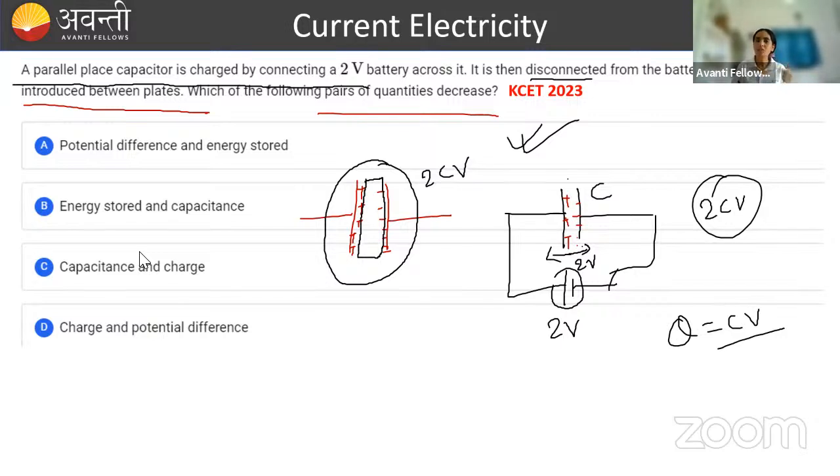See, charge will go nowhere, because for charge to flow, this capacitor should get connected to another system, then only charge will flow. Now this is isolated, not connected to anything, so whatever charge is on the capacitor will remain there, right? So Q will remain unchanged.